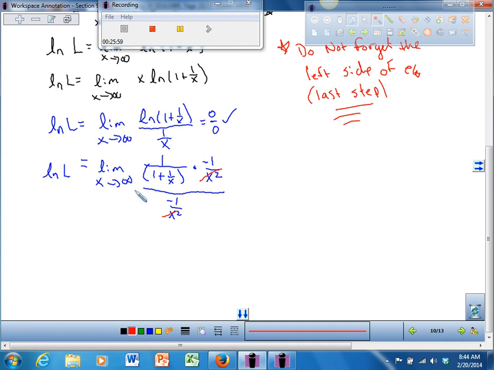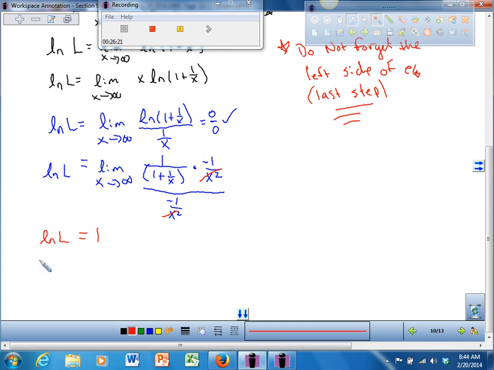Reevaluate our limit. The limit as x approaches infinity of 1 over 1 plus 1 over x. Well, 1 over x will approach what? 0. So we have 1 over 1. So what does the limit equal? The limit equals 1, but the left side still equals the natural log of L. L is not isolated yet. Here's our last step.